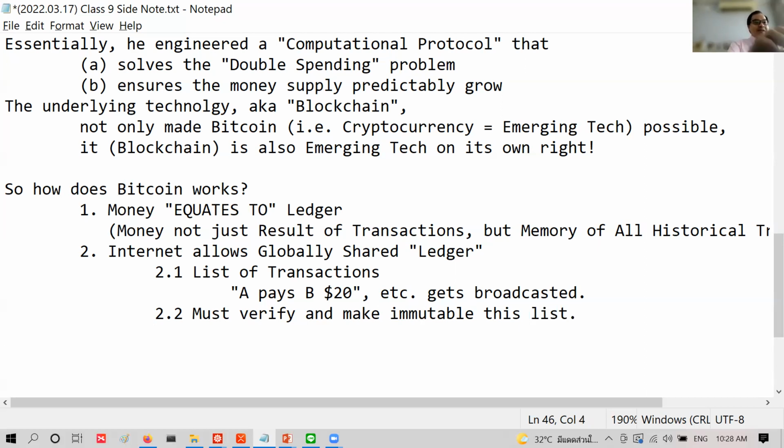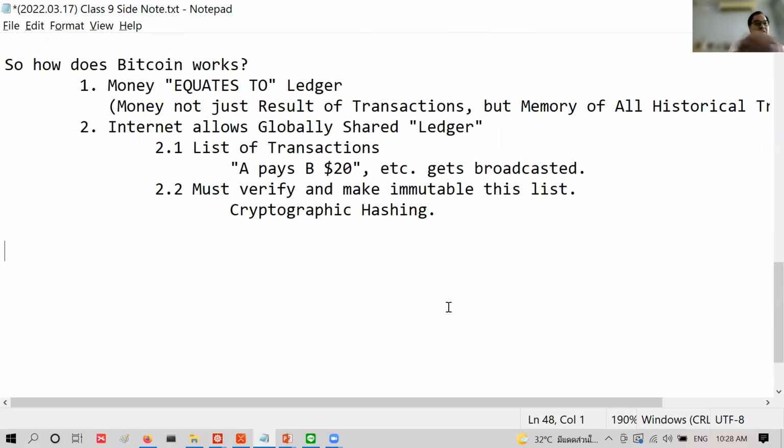This is done by what's called cryptographic hashing. So what is cryptographic hashing? Let's just go to the site. Remember the notion of a function.